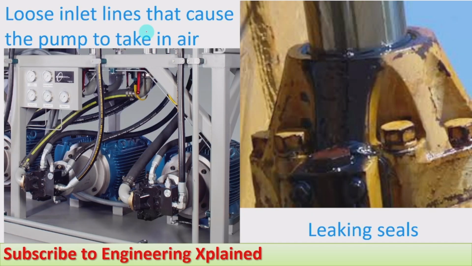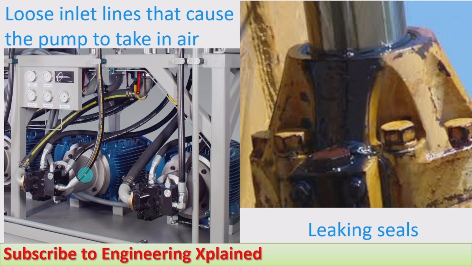Third one is loose inlet lines that cause the pump to take in air. The suction will be taking place from the inlet pipe from the tank to the pump, and during the suction, if the inlet pipes that are connected are loosely connected, and if any gap is there, it takes air in, and if the air enters the hydraulic oil, that causes a change in the properties of the hydraulic fluid, as well as its functioning also changes.